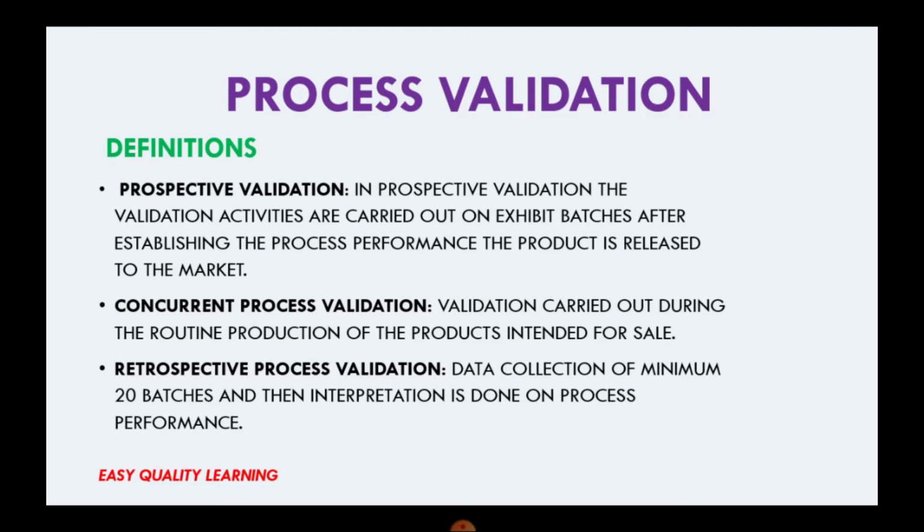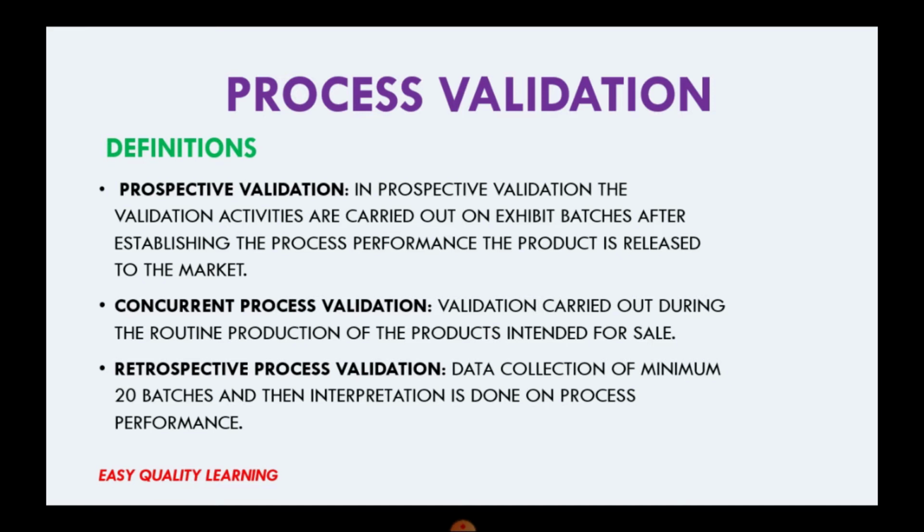Then retrospective process validation. This is used in case of all the old products which have been manufactured for years and years, but we do not have any data for those products. For retrospective process validation, data of a minimum of 20 batches is collected and then interpretation is done on the process performance.